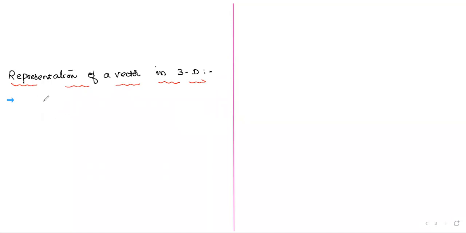Suppose a position vector is taken like this. This is y-axis, normal representation. This is x-axis. Usually z-axis means out of the plane, and out of the plane we can't show. That's why it's a shadow we are drawing here. This is the shadow of z-axis. Better I draw with a dotted line.